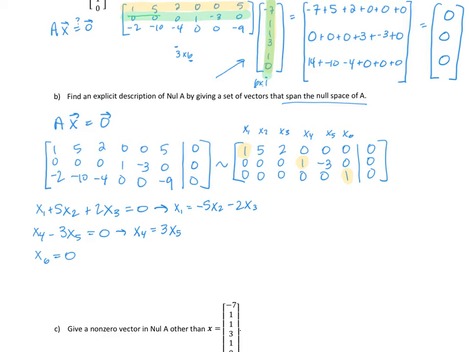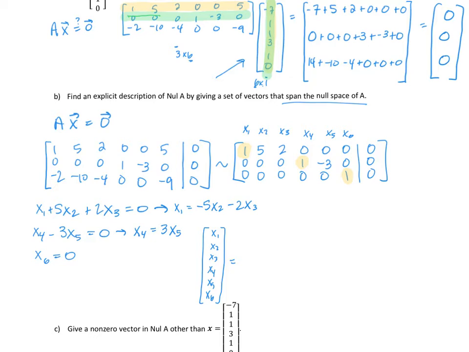So if I want to write this in parametric vector form, I would say x1, x2, x3, x4, x5, x6. My solutions look like x1 is in terms of x2 and x3.